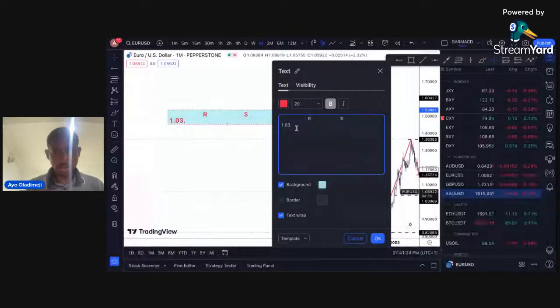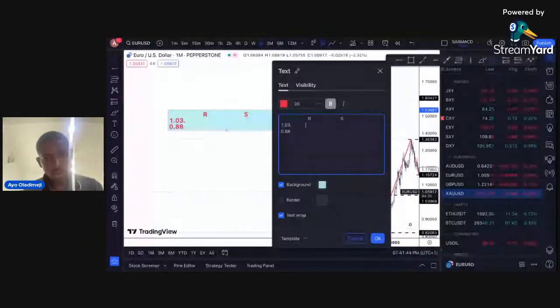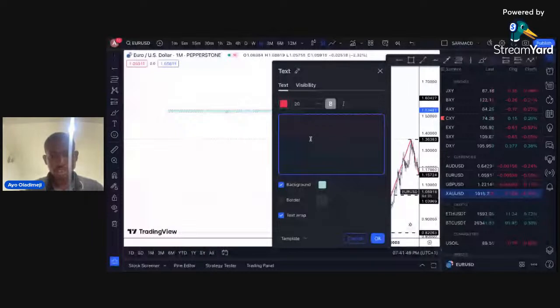Okay, so let's say I now say 0.88. So whatever we call this one, if this one is support or resistance, you mark it. No, don't let us do it this way. Let's do it this way. Just have support and resistance. So as I'm calling it, you put it in there.